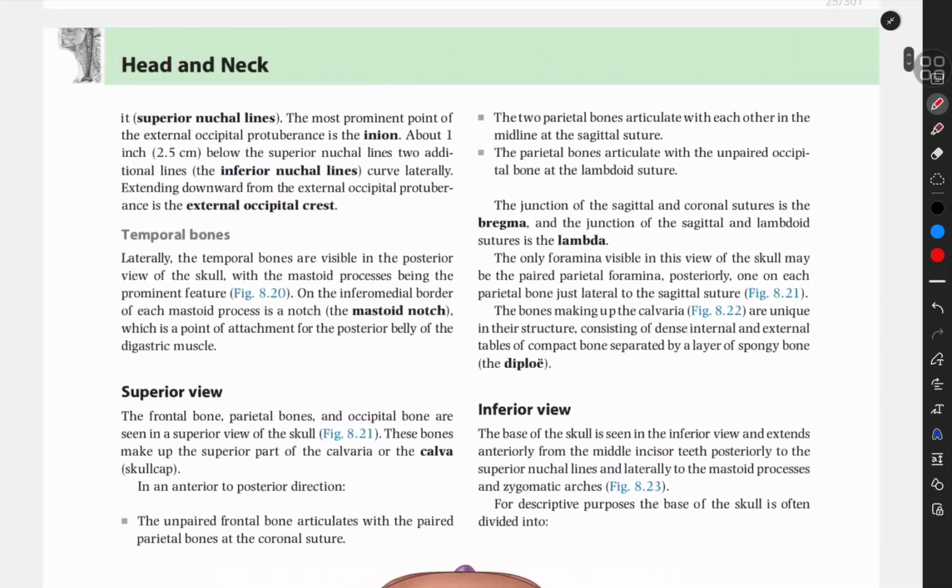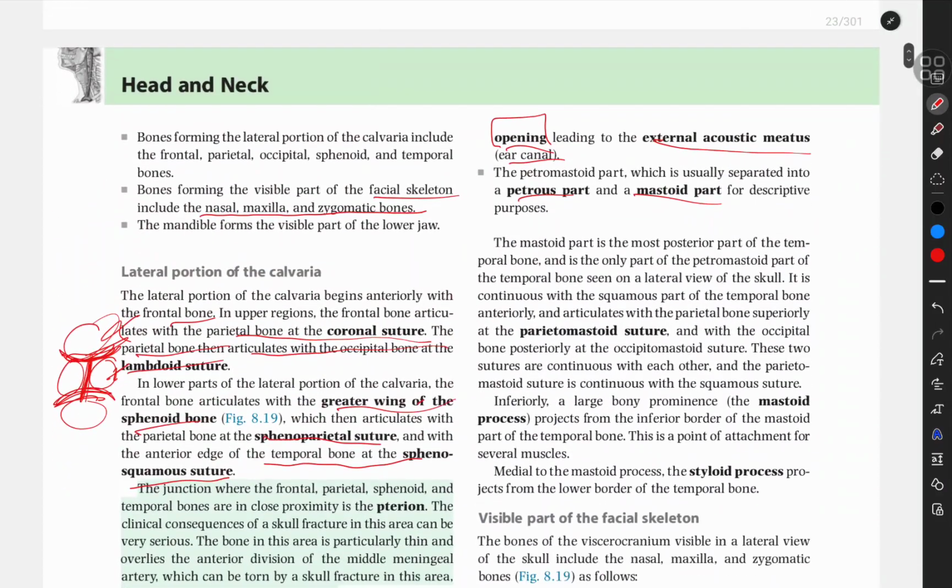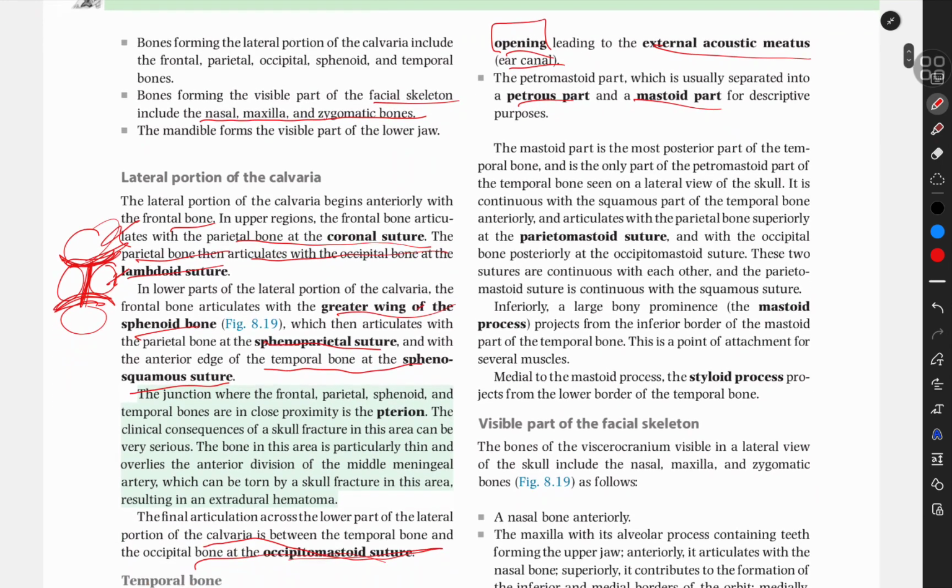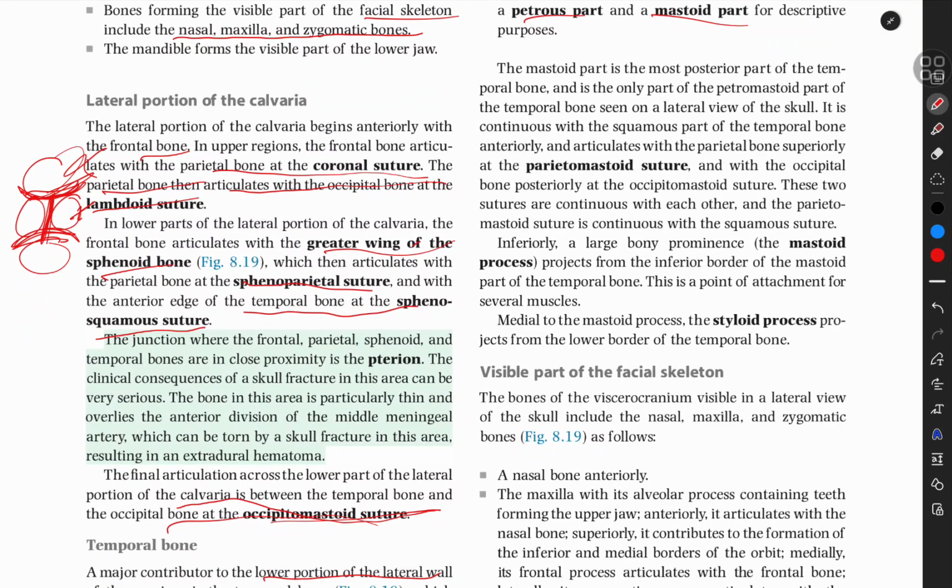The mastoid part is the most posterior part of the temporal bone and is the only part of the petromastoid part of the temporal bone seen on a lateral view of the skull.